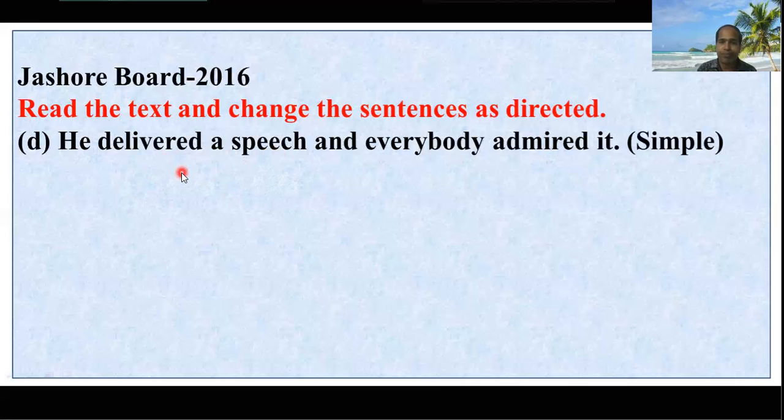The format is: the plus noun plus of plus noun.